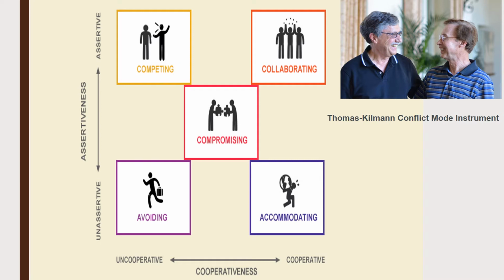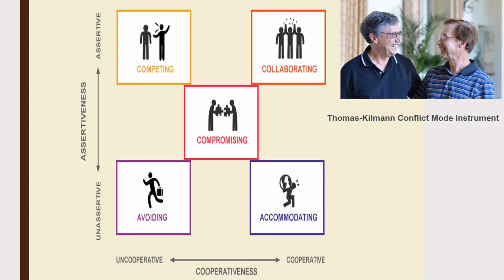If, for instance, you are in a situation where you would register all the way up to the upper left, this would be highly assertive and uncooperative. This is a situation where you're competing basically with one another.